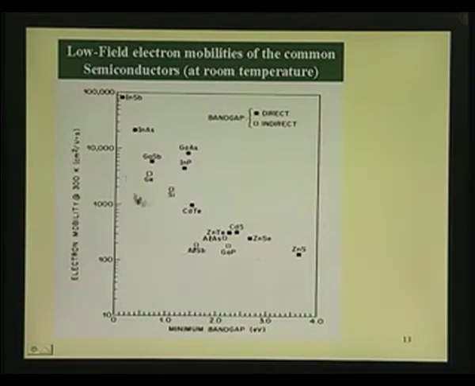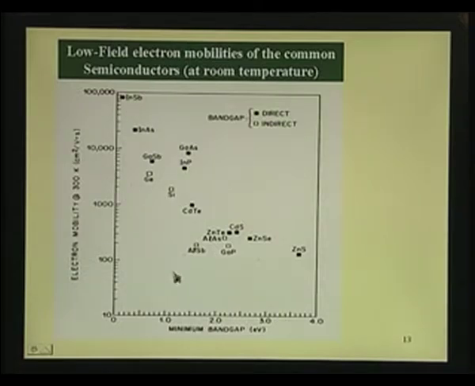So, any material which lies to the left of this vertical line, you cannot take, because to the left of that the band gap is small. You do not like to take a look at any one of these materials, though the mobility is high.